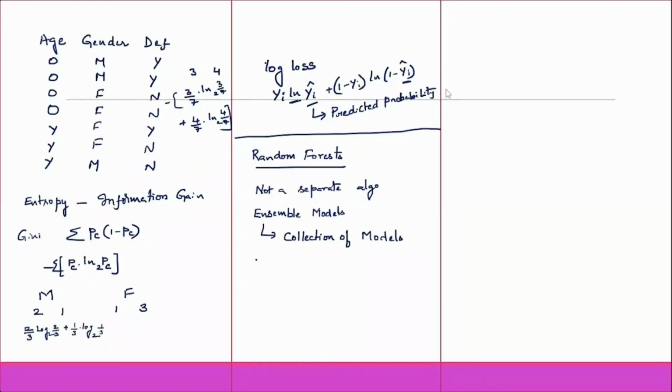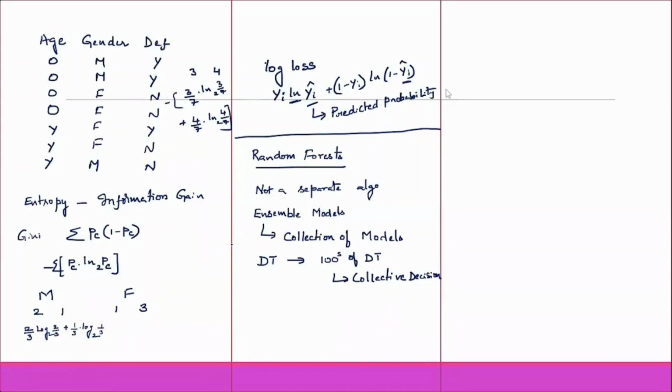So basically here, it uses decision trees. Instead of one decision tree, it uses hundreds of decision trees and makes a collective decision. A decision tree will make a decision based on one tree, whereas random forest will make a decision based on hundreds of trees.